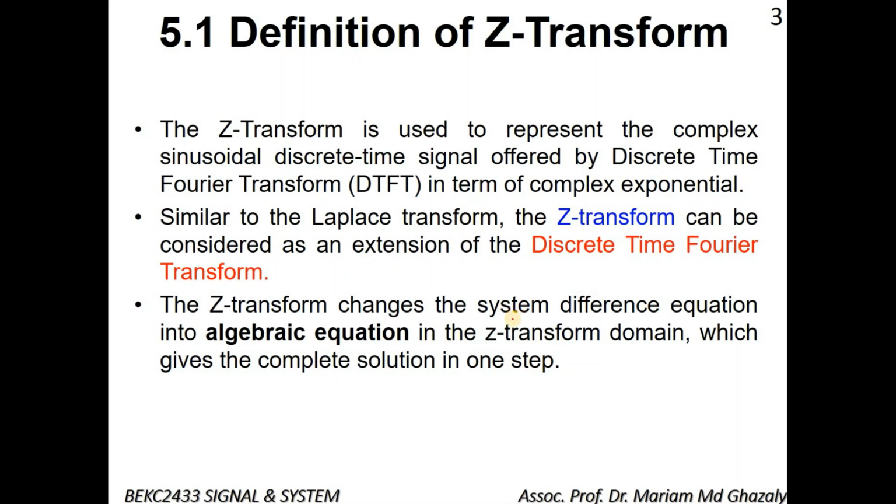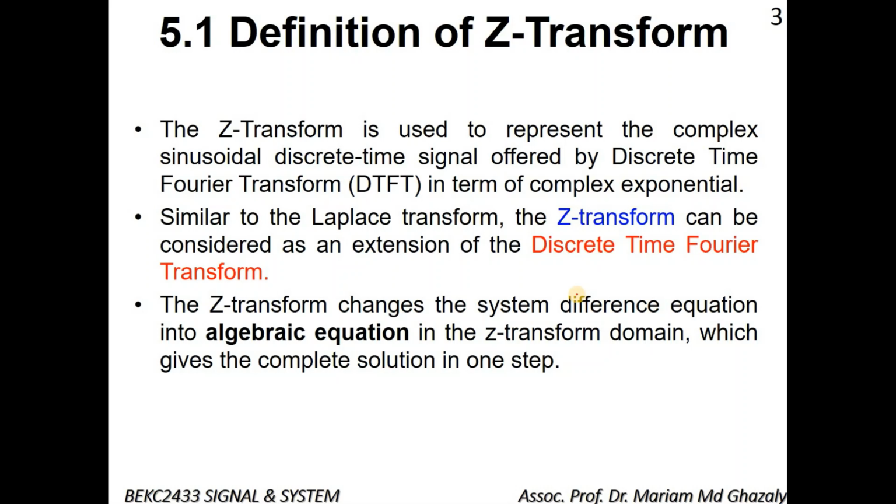So Z transform actually represents the complex sinusoidal discrete time signal offered by the discrete time Fourier transform, DTFT, which you have learned in chapter 4, in terms of complex exponential.